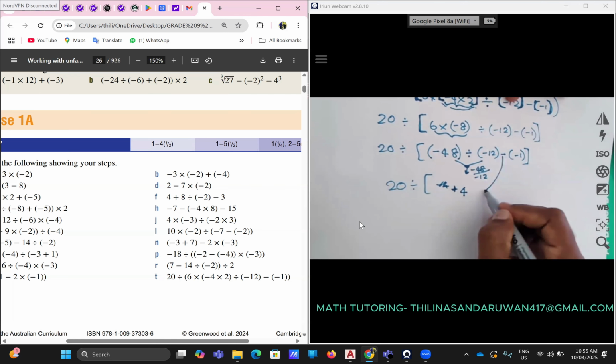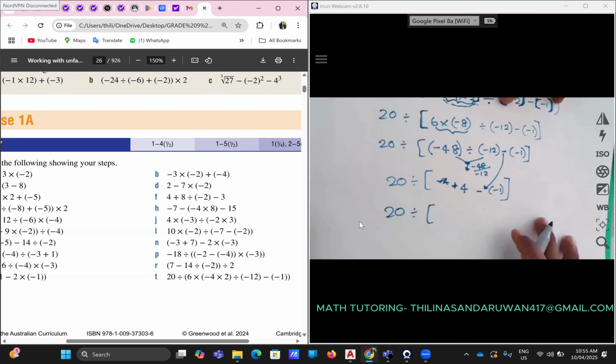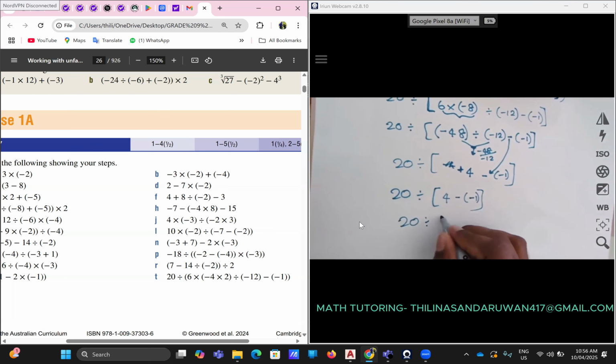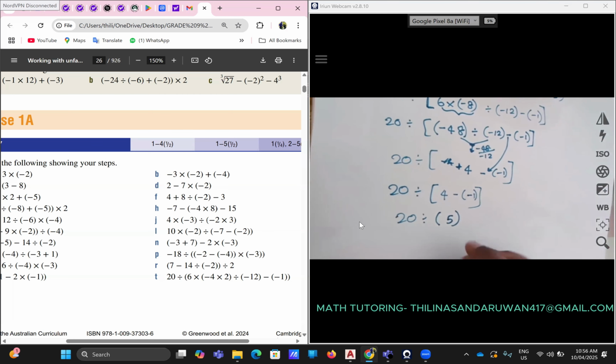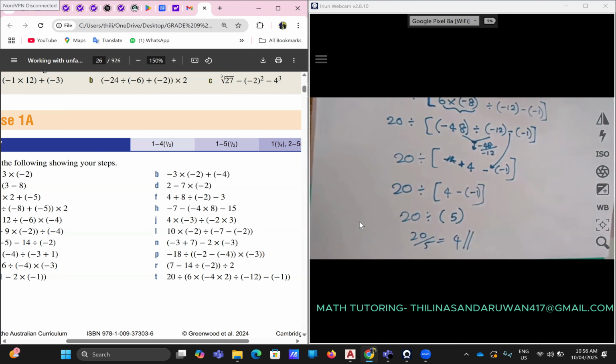And then this one is here. But inside the bracket, we still have to deal with that. 4 minus minus 1, which means minus minus is plus. So here is how to deal with that.